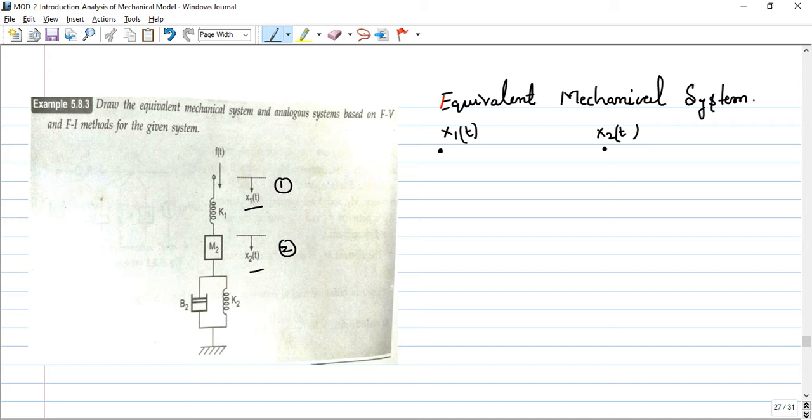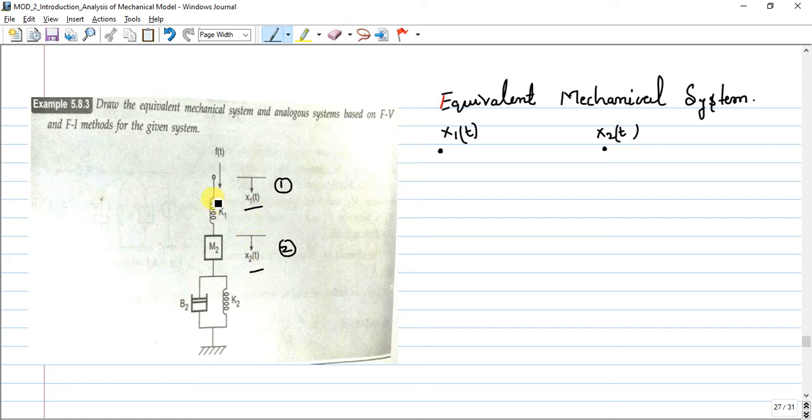So under x1, we may not find any element which will be purely under x1. When this force is applied, the K1 is here, and we shall also consider x2.